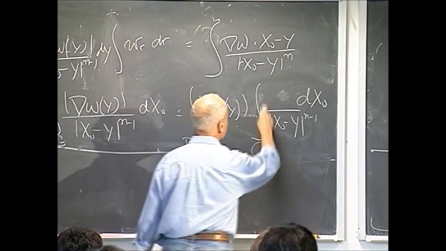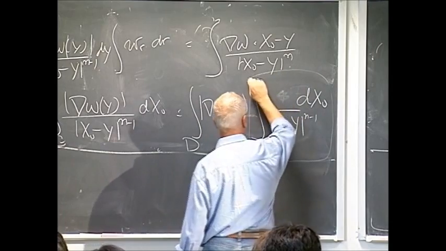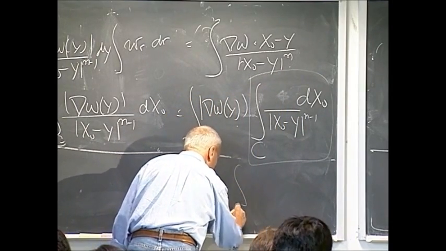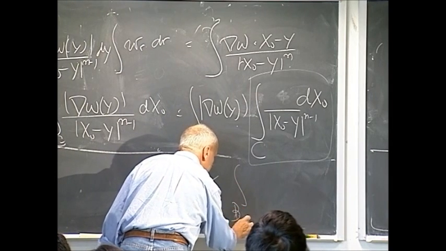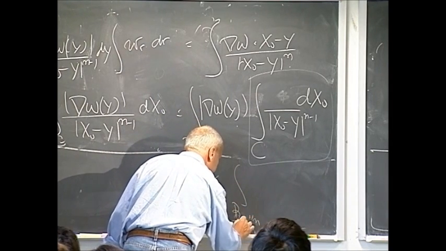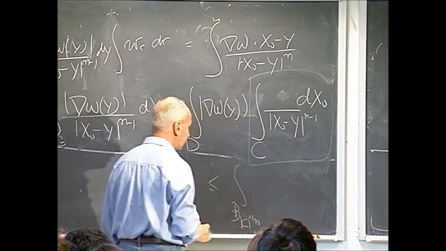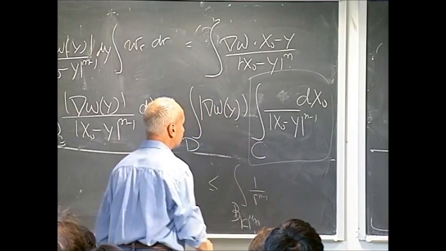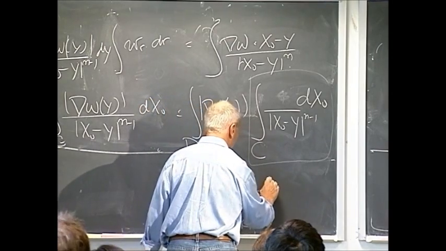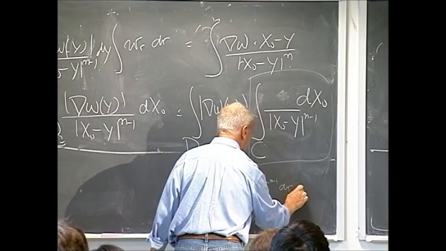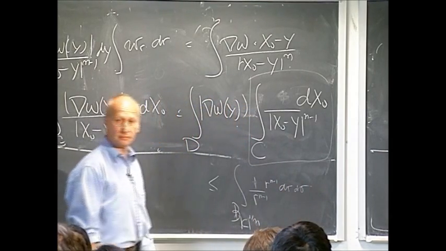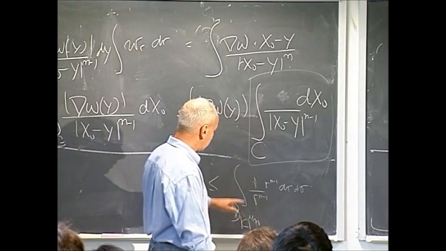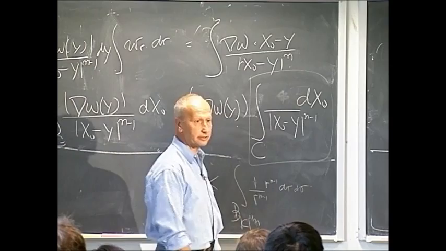So this integral is smaller or equal than the integral in the ball of radius C to the 1 over n of 1 over r to the n minus 1, r to the n minus 1 dr d sigma, polar coordinates. So this is C to the 1 over n.